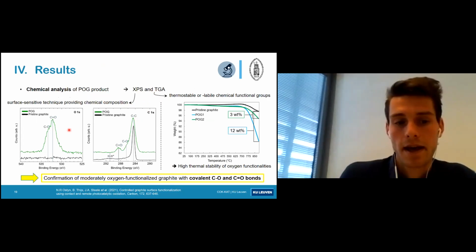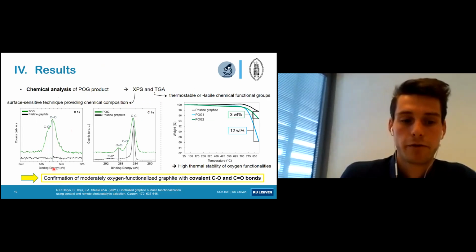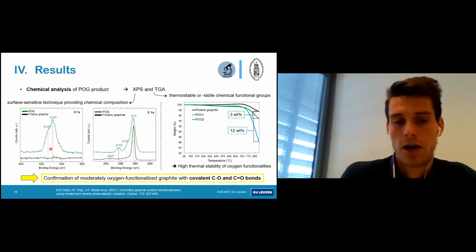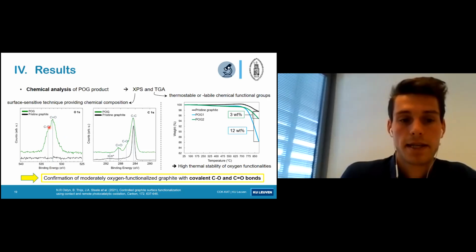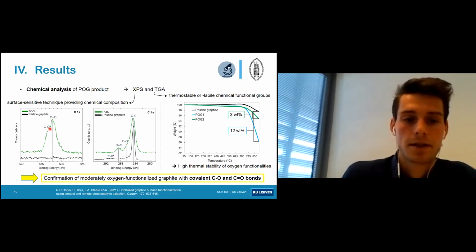Here you can see a strong peak at a binding energy of around 533 electron volts, corresponding to the oxygen peak and carbon-oxygen bonding. So here we have a confirmation of C=O double bonding. And there is also a shoulder on the left side, which confirms the C-O single bonding.